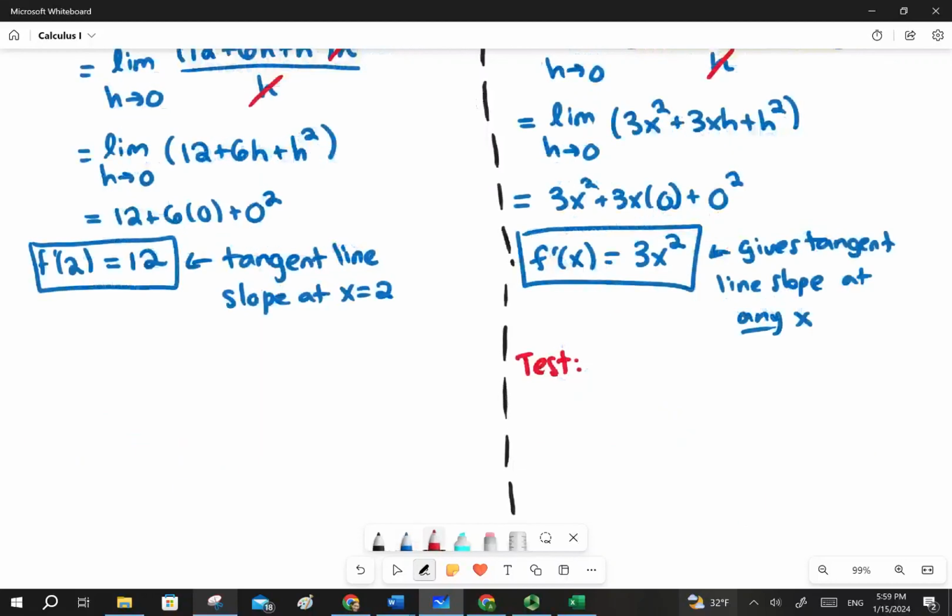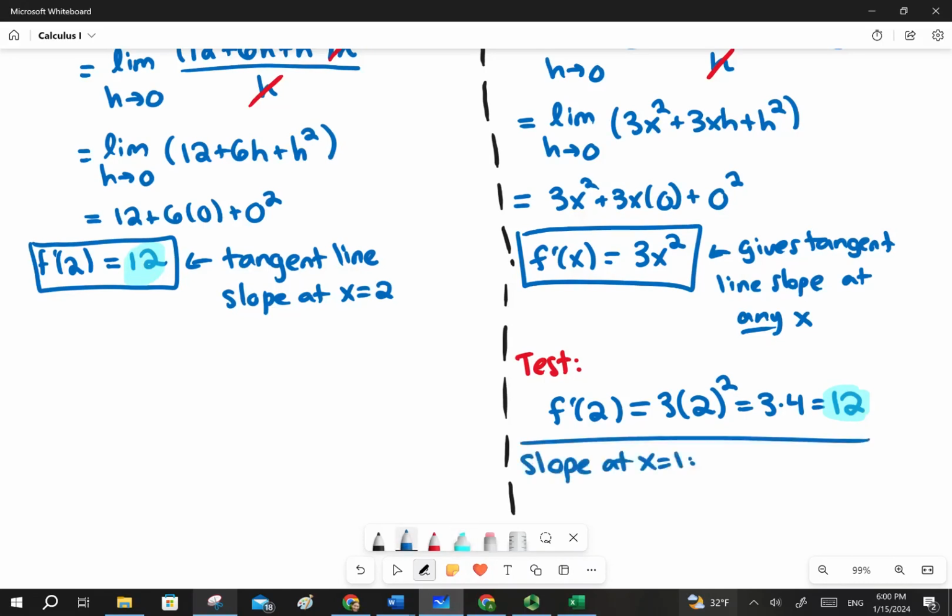Just to test it, if we plug in x equals 2, we get that f prime of 2 is 3 times 2 squared, which is 3 times 4, which is 12, just like in the first example. If we wanted to know the tangent line slope at x equals 1, we can find that too. f prime of 1 is 3 times 1 squared equals 3.